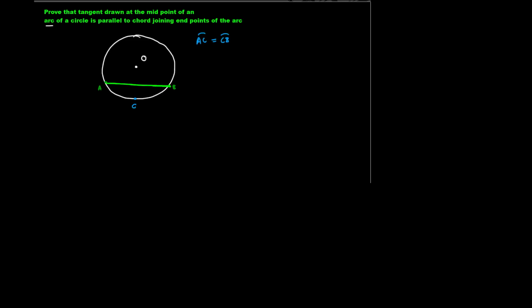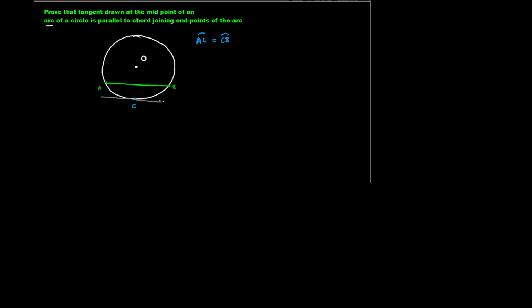We need to prove that the tangent drawn through the midpoint of this arc, so tangent drawn through C. So if I draw a tangent through C, let me draw it properly now. Suppose I draw a tangent through C, and call it PQ.